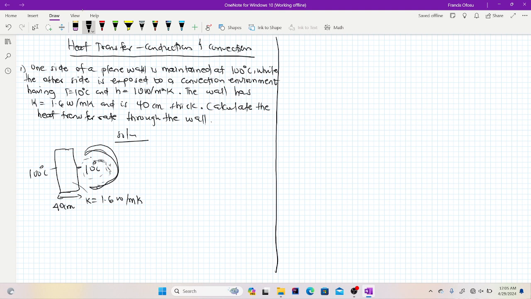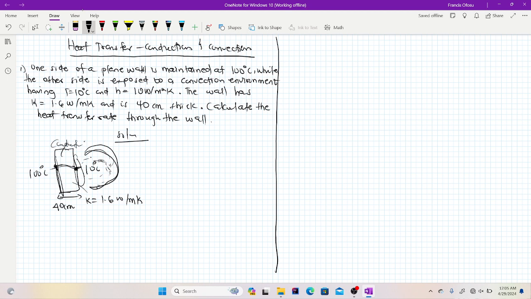So now we know that when one side of the wall is 100 degrees Celsius and the other side is 10 degrees Celsius, definitely heat will be transferred from the 100 degrees Celsius at this side to the 10 degrees Celsius at the other side, and that becomes heat by conduction.